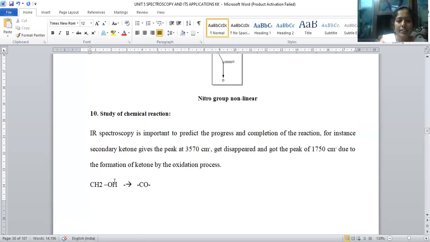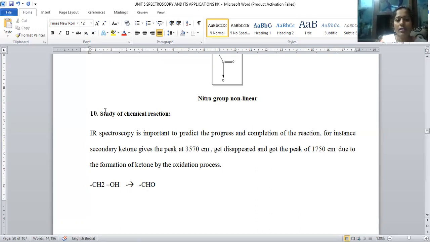If it is a secondary hydroxy, there is a possibility of the formation of a ketonic functional group. If it is a primary hydroxy, there is a possibility of an aldehydic functional group by a partial oxidation process, right?